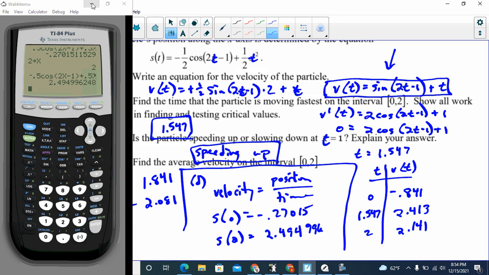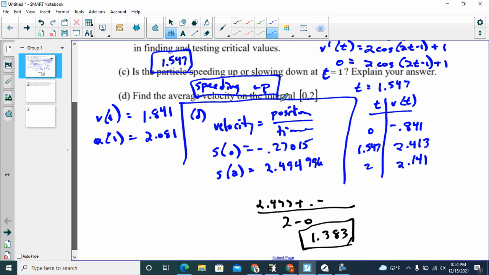And then find the slope between those 2 points. Anyway, here it is. I did it earlier. 2.494 minus negative 0.27015. Divide by x2 minus x1, and you should find your slope to be 1.383.